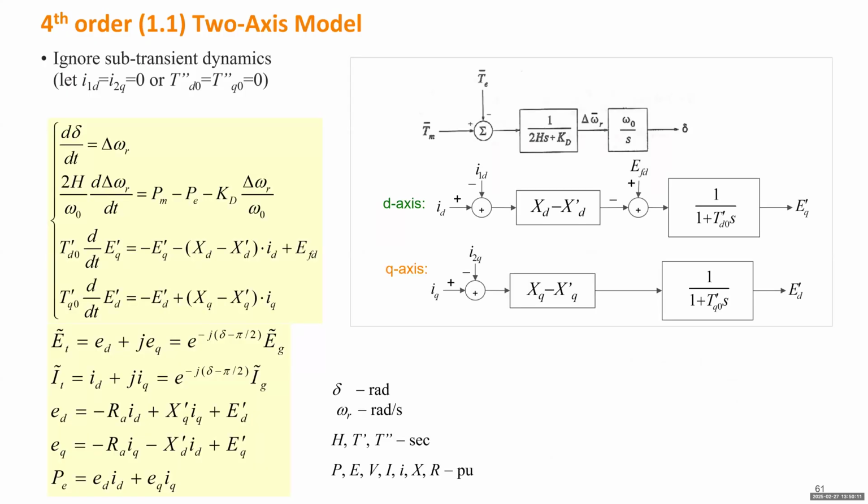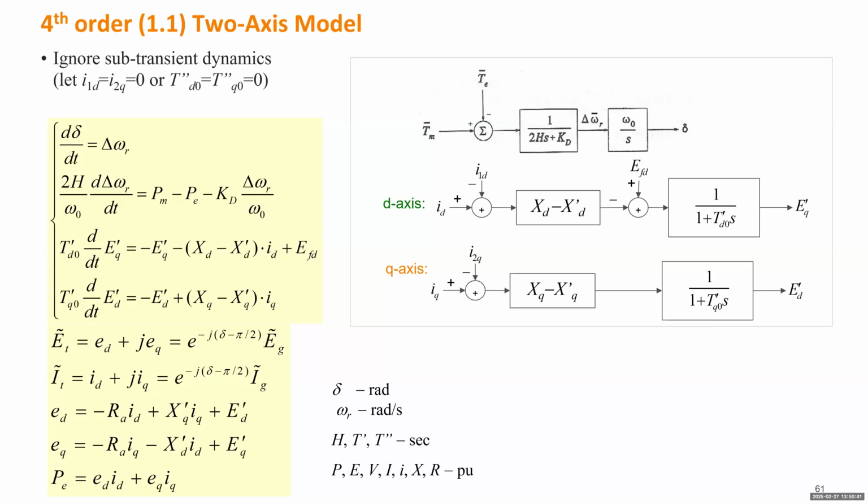So you put everything related to subtransient dynamic into the I1D and I2Q. So this one just explains that the subtransient dynamic can be considered as some input carrying faster dynamic into this model. And the main time constant for this model is still the single prime parameter. So this is like the 1.1 model.